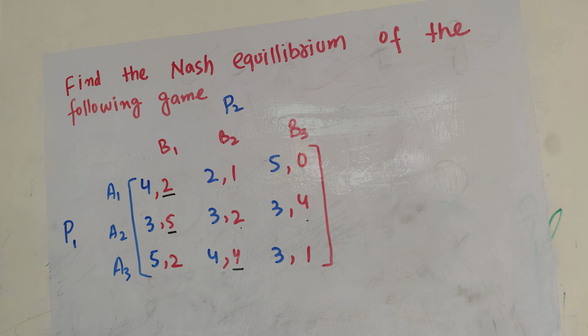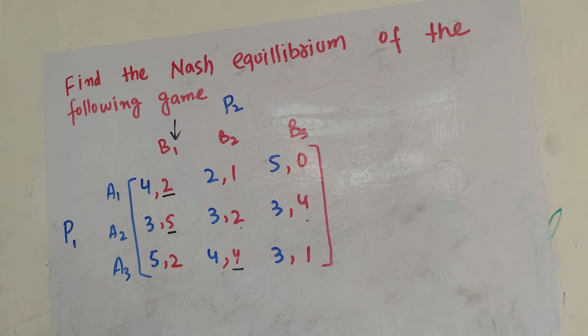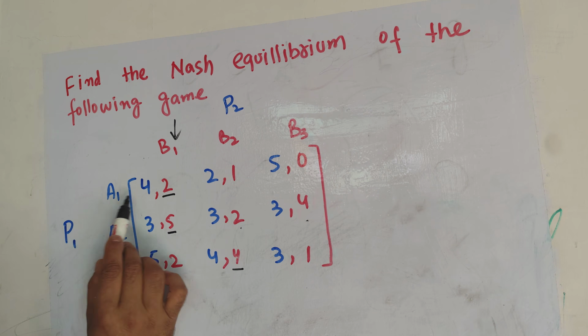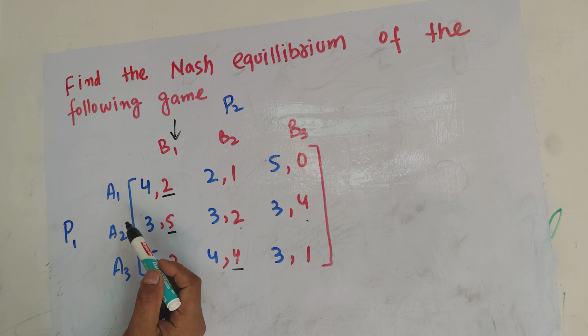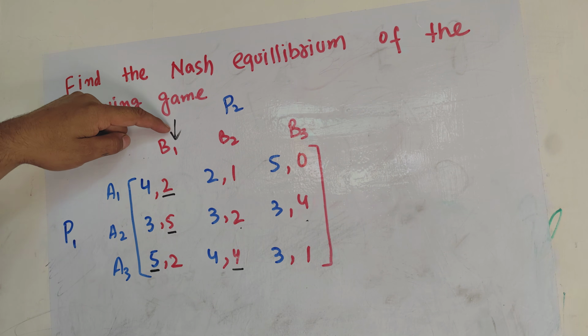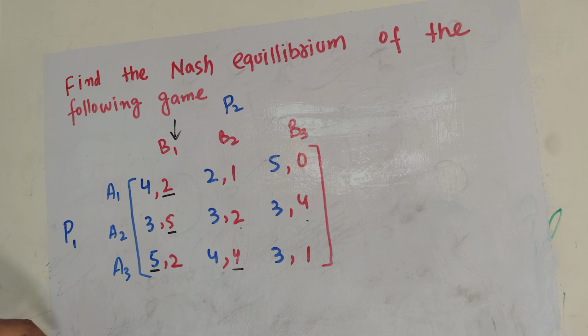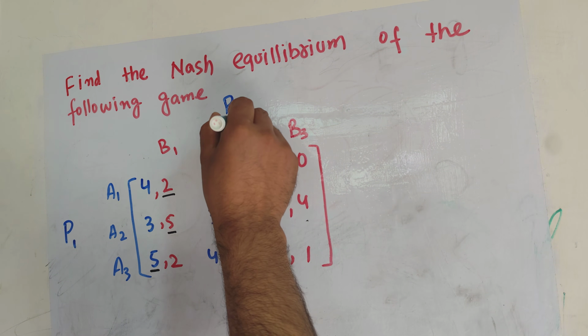This was from player 1's perspective. Let's change the perspective and see what happens when player 2 chooses the B1 strategy. This time player 1 has three options, either to choose A1, A2 or A3. Here you can see among 4, 3 and 5, 5 is greater, so let's underline it. When player 2 chooses B1, the best response of player 1 will be to choose strategy A3 because it gives him the highest payoff. Similarly, let us see what happens when player 2 chooses B2.